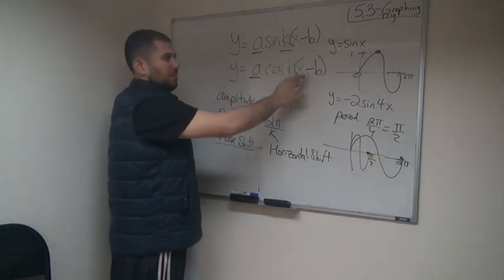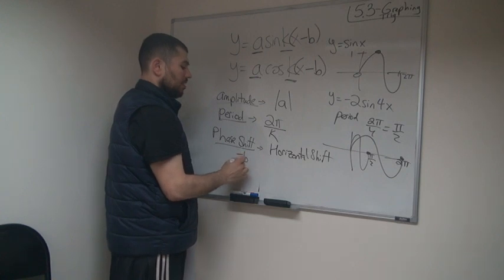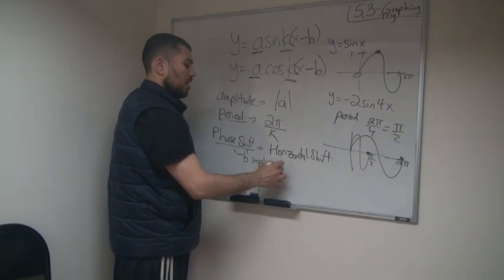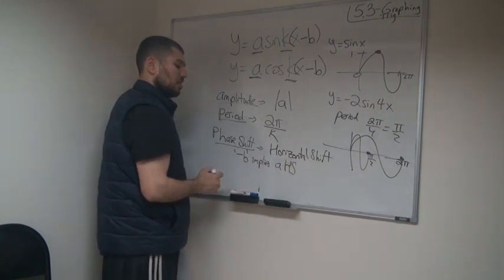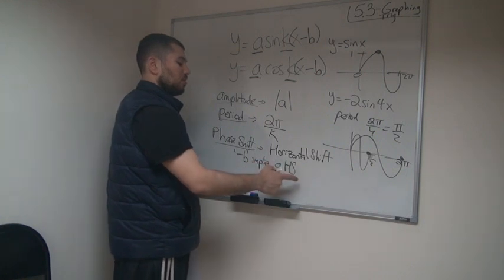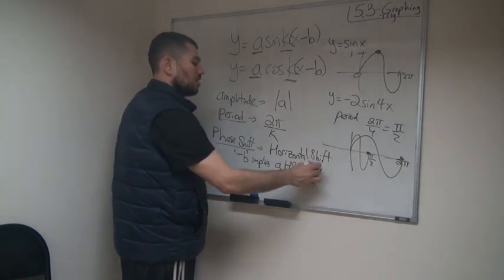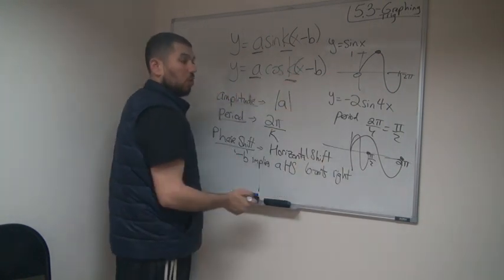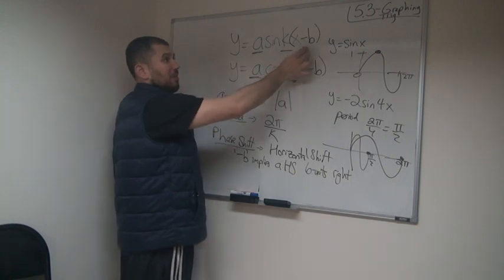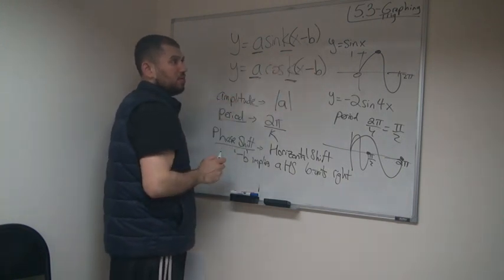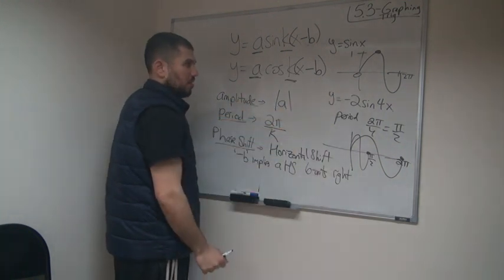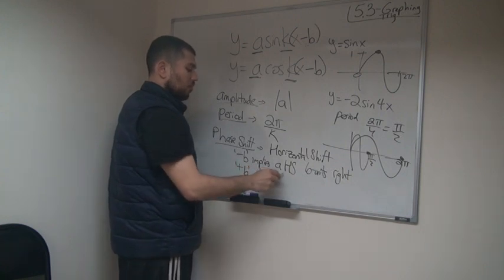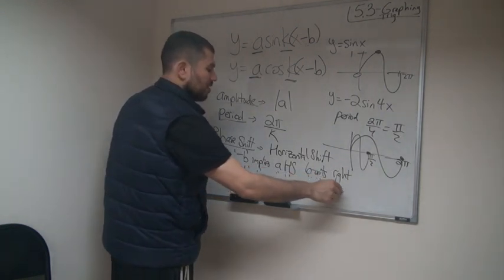So when I have a minus b here, the minus b implies a horizontal shift b units to the right. Remember, with horizontal shifts, if I'm subtracting a value from the x values, I'm moving the graph to the right. If I'm adding a b, then that implies a horizontal shift b units to the left.